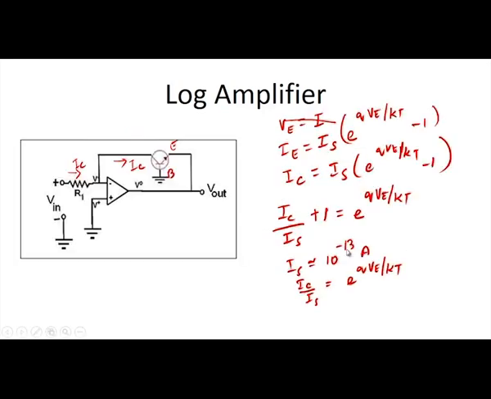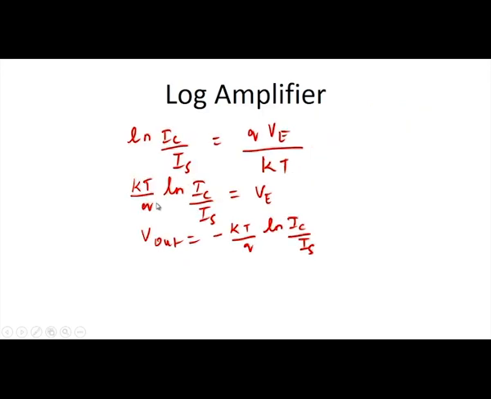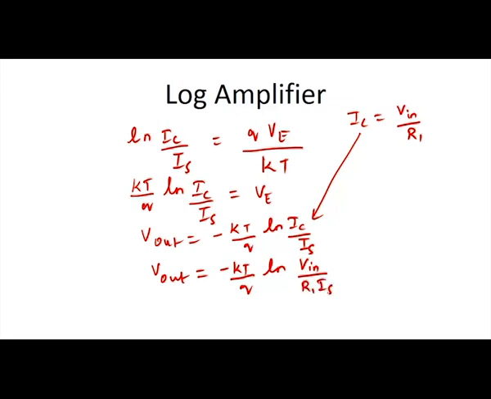And what is IC from the circuit? IC is equal to Vin by R1, the input voltage by R1. If you replace IC with Vin by R1 in this equation, then you will get Vout is equal to minus KT by Q natural logarithm of Vin by R1 IS. So, this is the output of the logarithmic amplifier.